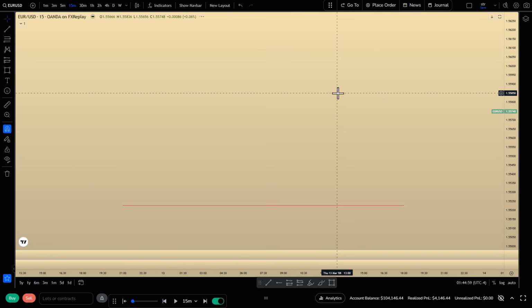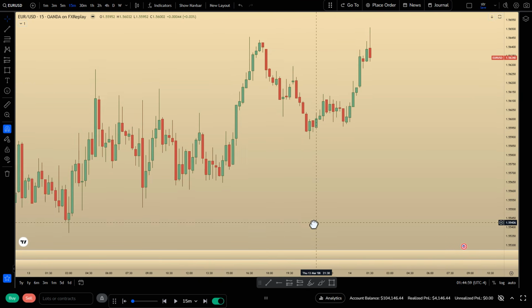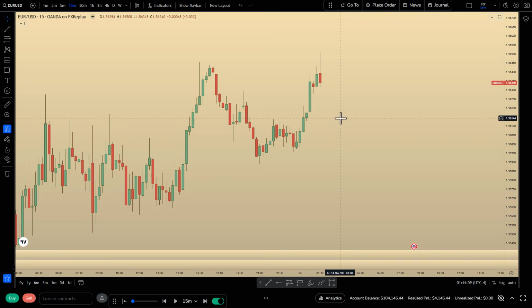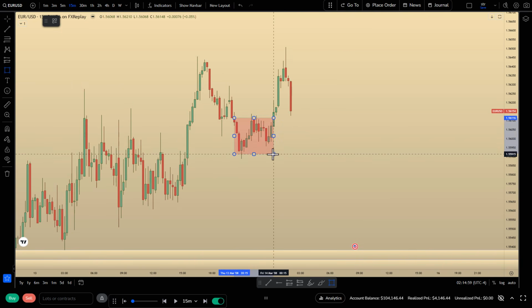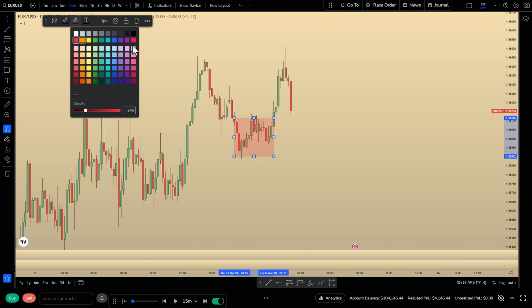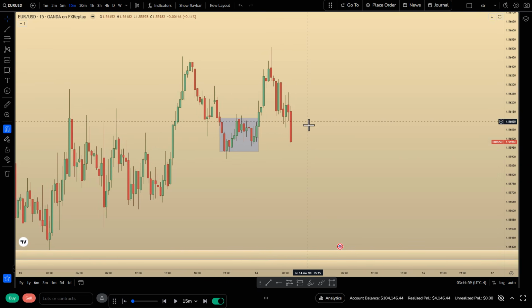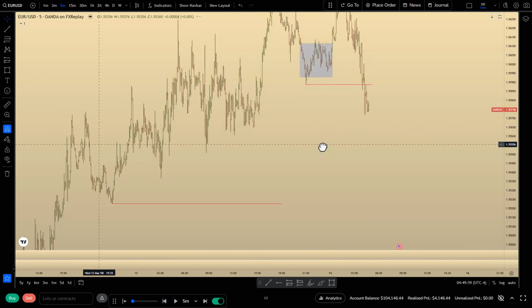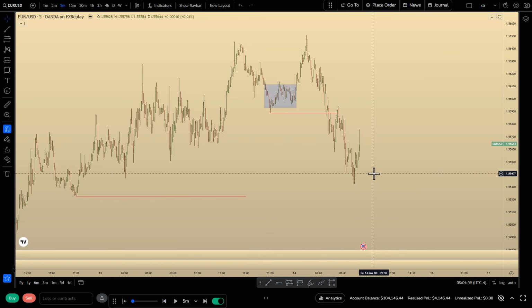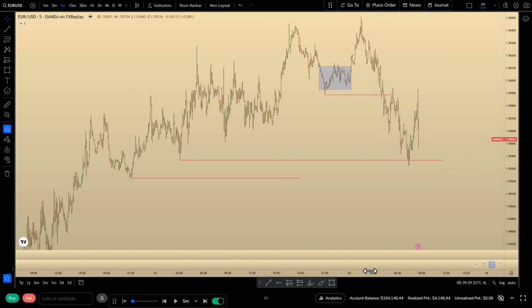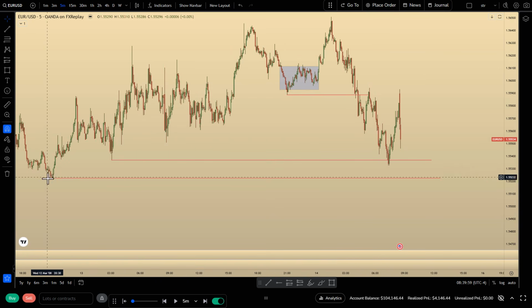Next day open. No, we didn't take it. The Asian session range again. So ideally I want to see this low gets taken.